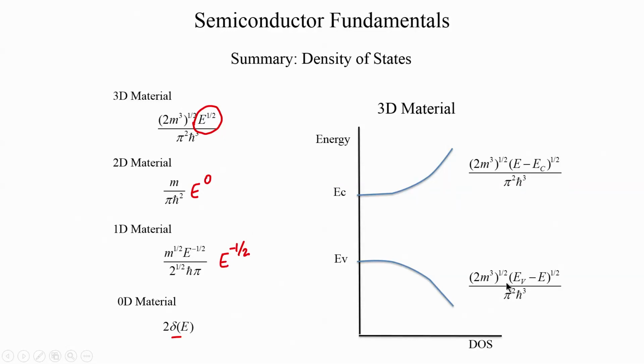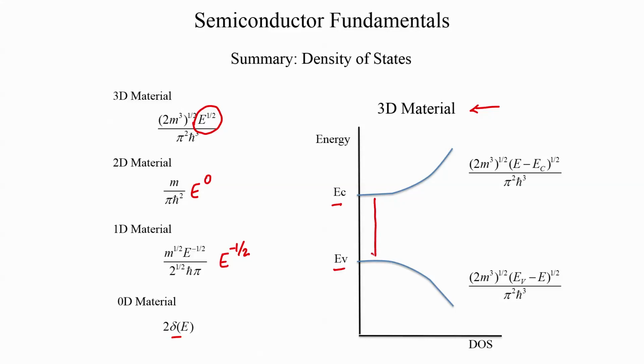Now, in this course we will focus mostly on 3D materials. And therefore, this is the density of states picture that is of great use to us. So, we have our semiconductor, which has got a valence band and a conduction band.